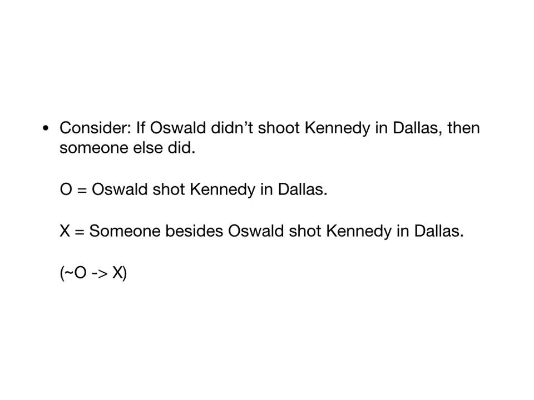Now consider this statement. The arrow works perfectly well here. If Oswald didn't shoot Kennedy in Dallas, then someone else did, right? This statement is, I think, true. Look, somebody killed Kennedy. It happened in Dallas. If Oswald didn't do it, somebody else did. Somebody had to have shot the man, right?